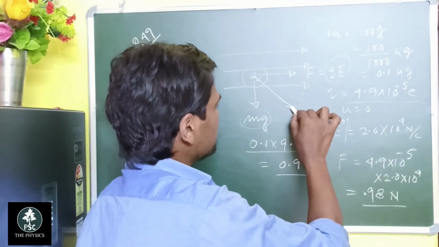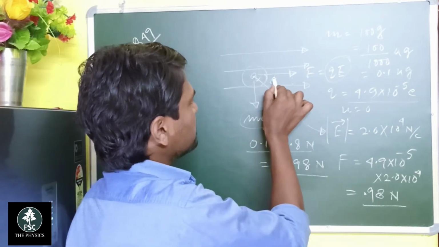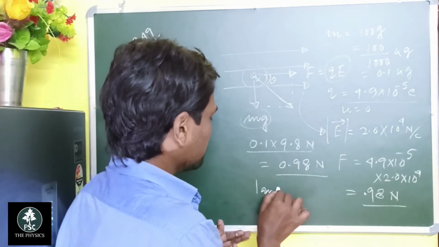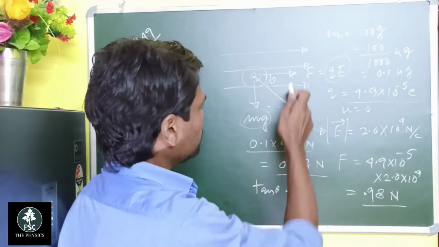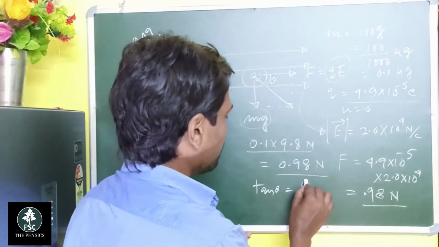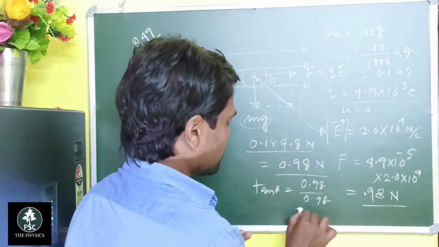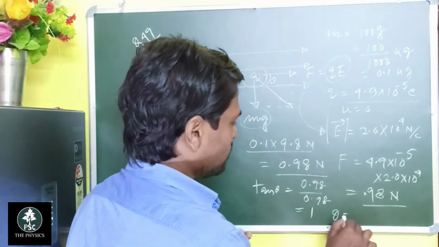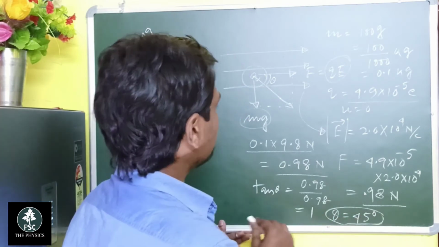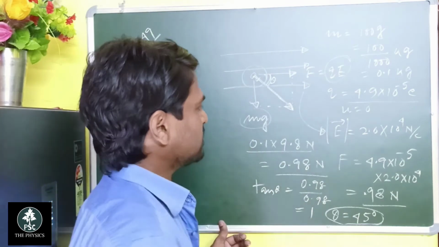So if this is theta, then tan theta equal to this one by this one. So 0.98 by 0.98, and this is equal to 1. So theta equal to 45 degree is the direction, and the path of the particle is along this direction.